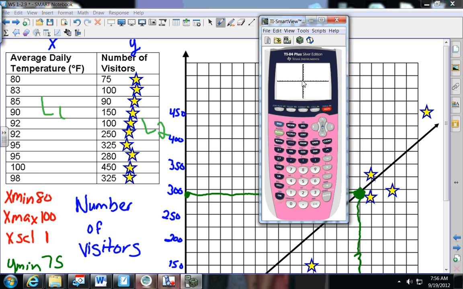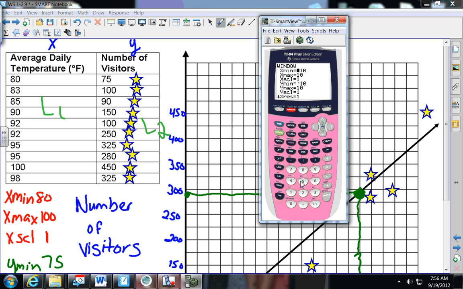It goes from 10 to -10. Do these points fit in the X for that? No. We have to change our window settings. So go up here to window. See window right there? Oh, look what we have. X min, X max, X scale.